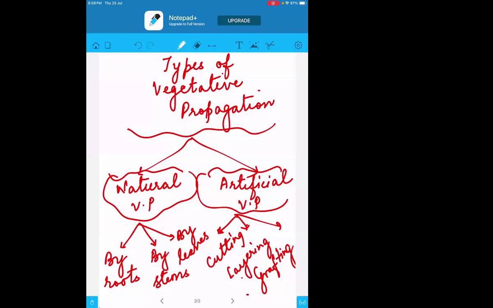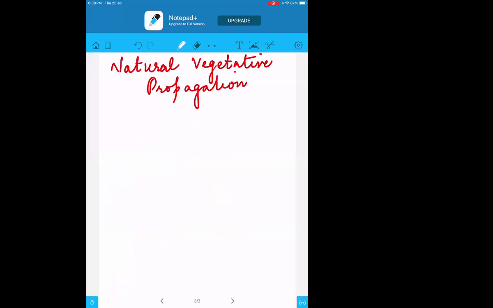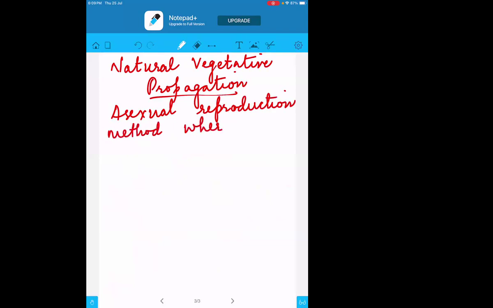Okay, so now, starting with the first one, the natural vegetative propagation. Basically, this is an asexual reproduction method where new plants grow from which part?